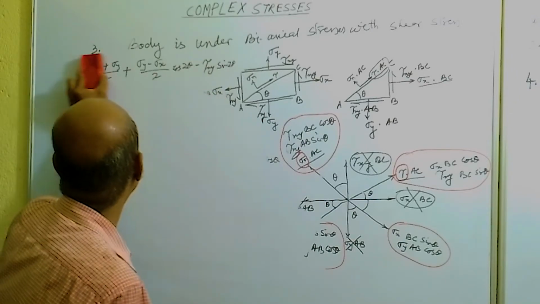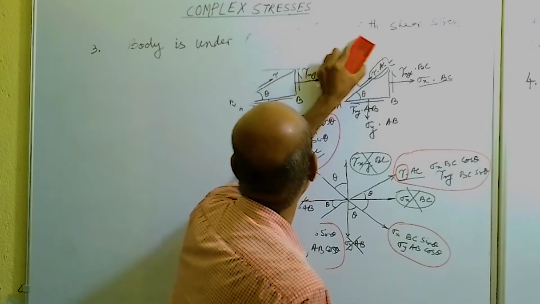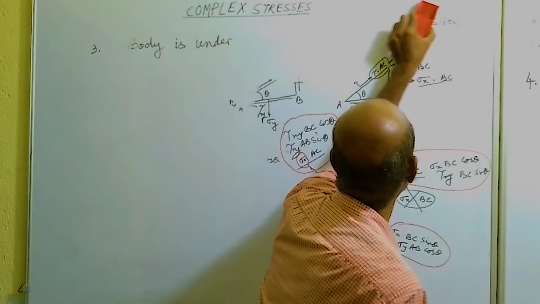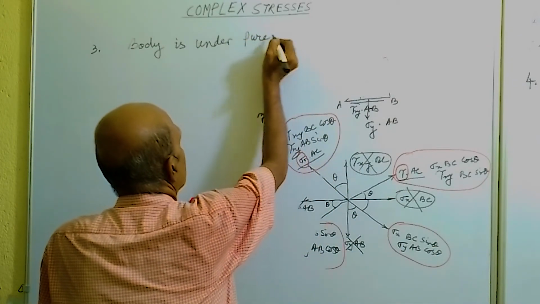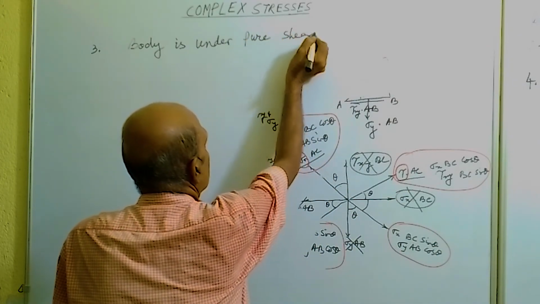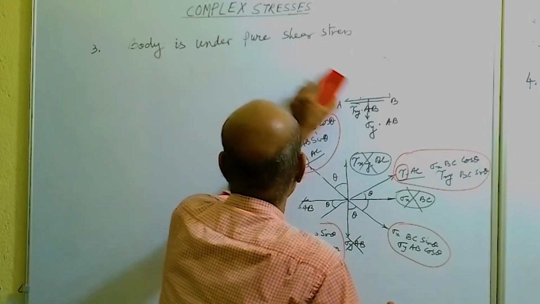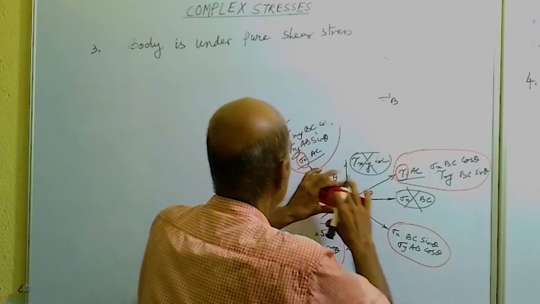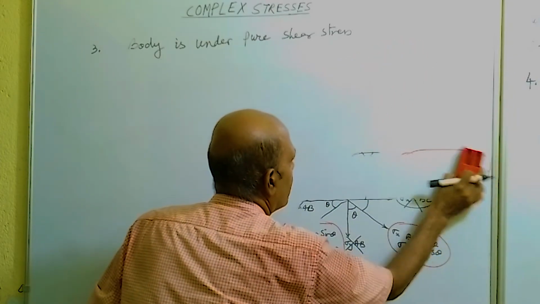that is the body is under pure shear stress. So if the body is under pure shear stress, or simply it is under pure shear, that means only shear stress is acting over the body.